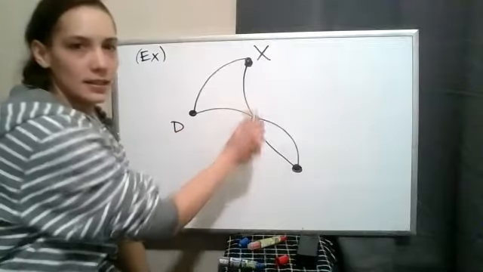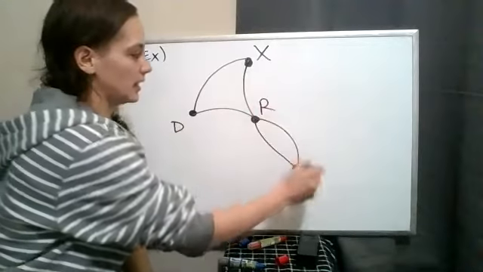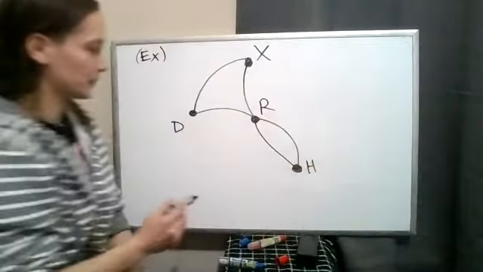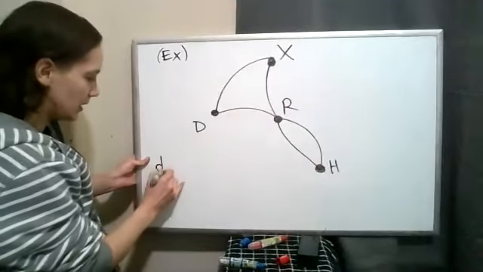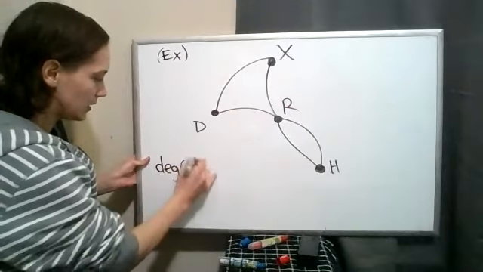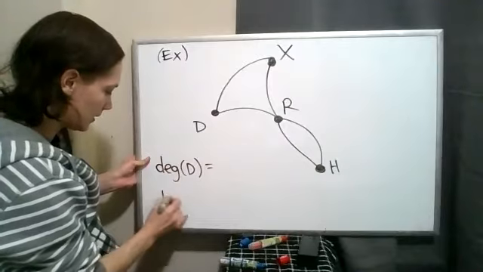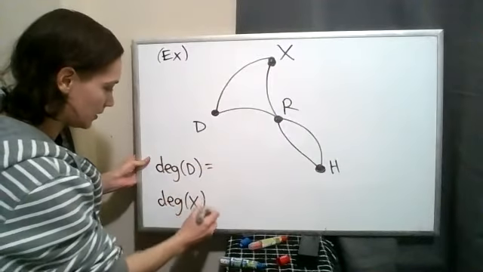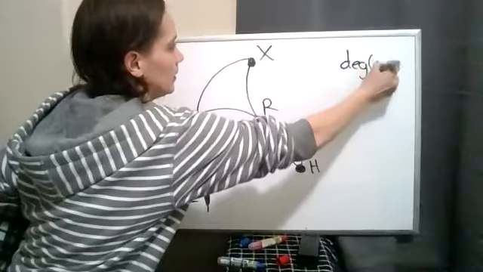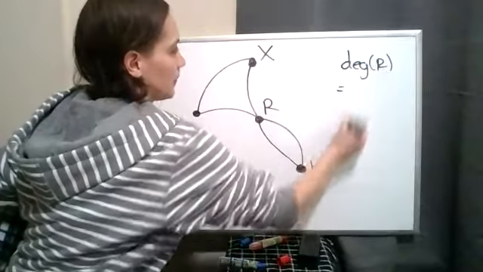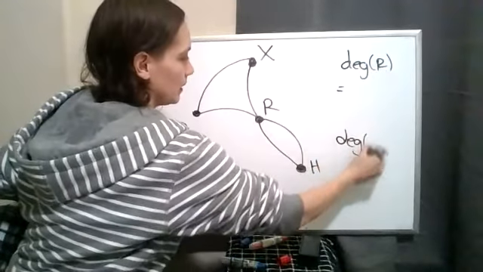Call this R. This is H. So we will find degree of D, degree of X, degree R, degree H.